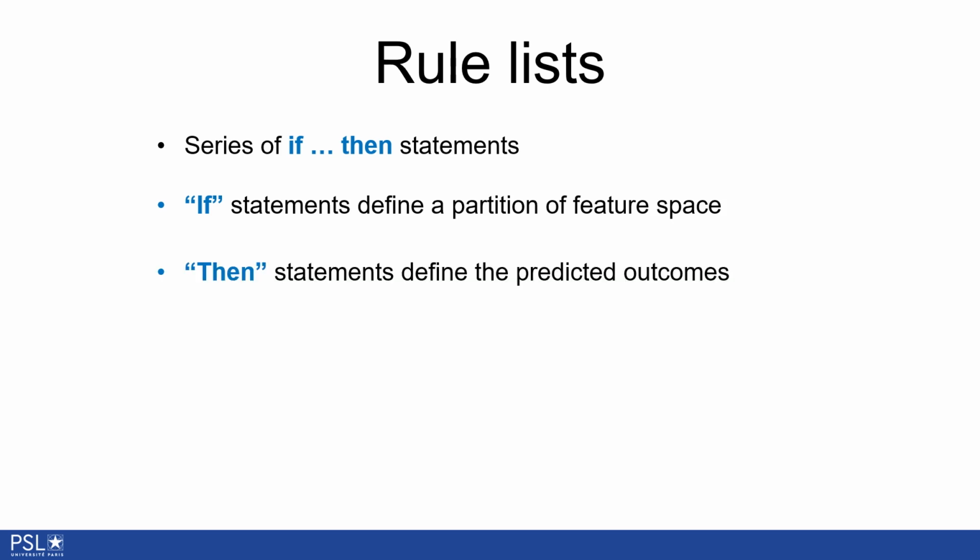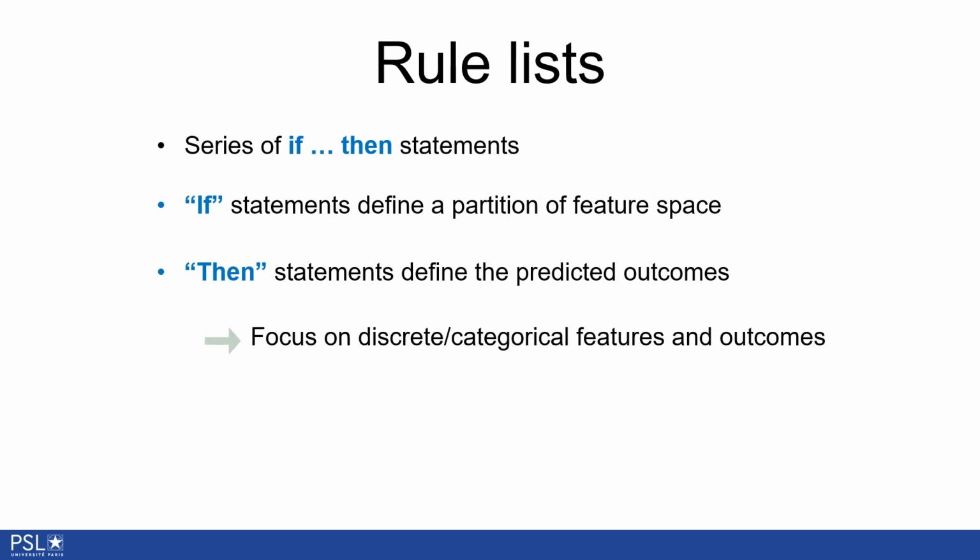The then statements define the predicted outcomes in each of the partitions. The main difference with decision trees is that rule lists focus on discrete, categorical input features and outcomes. Similarly to decision trees, rule lists are interpretable if they are shallow and act on a small number of features.